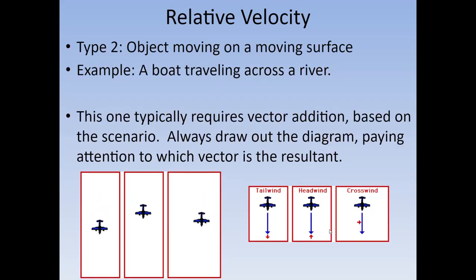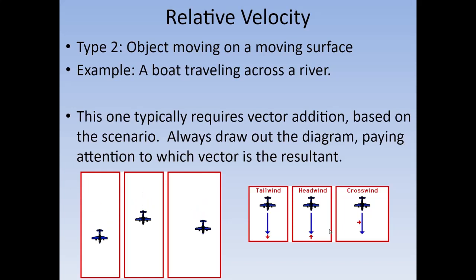This is the other type of relative velocity question, and this one's a little bit more common, especially in the regions class. Typically, what this question is referring to is essentially when you're moving on a surface that is also moving. So in the images here, we have a plane traveling and the wind is going to move in different directions.